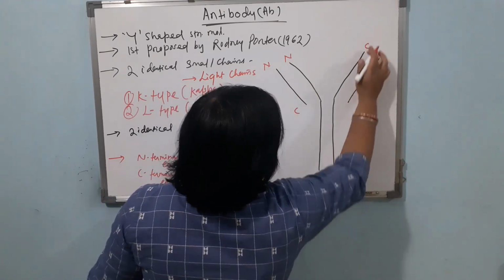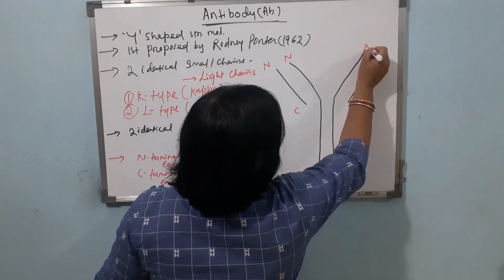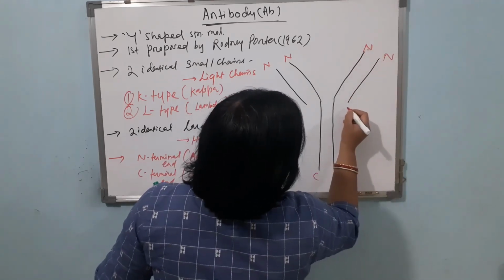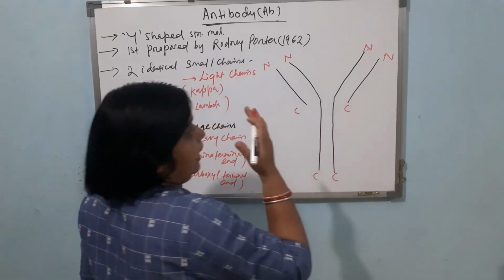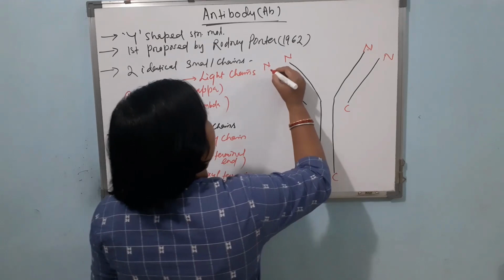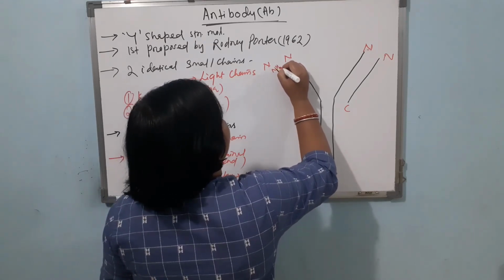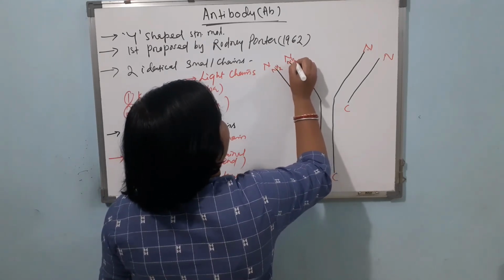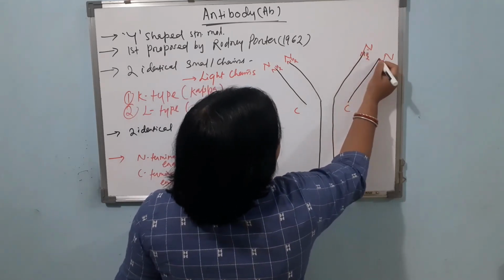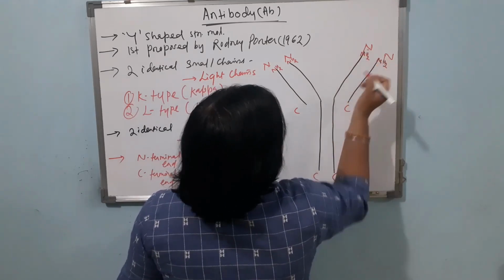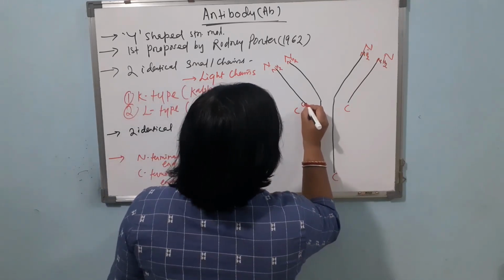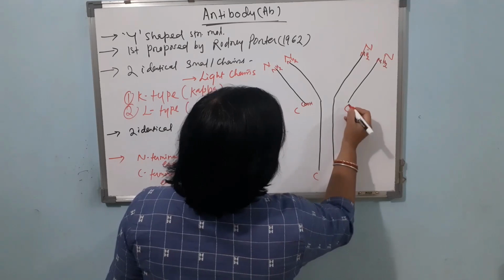Similarly, here is N terminal, here is C terminal. At N terminal side, you will find amino group. Similarly, at C terminal side you will find carboxylic group.